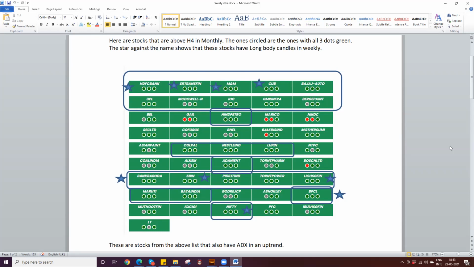So coming back to this, so this is some 46 names of stocks which are above monthly H4. And then the bracketed names, which now bring it down to some 10, 11, 11 and 3, 14, 15. Then you got 15 and 5, 20, 21, 22.